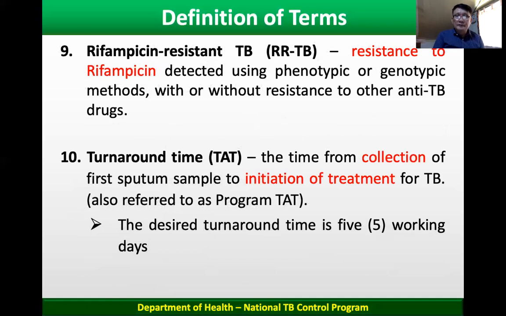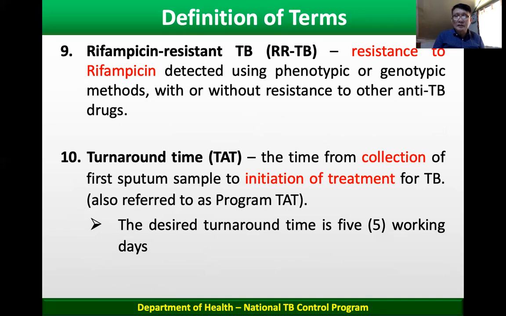Number 9, what is RR-TB? Rifampicin resistant TB. This is resistance to rifampicin detected using phenotypic or genotypic methods, such as GeneXpert, which can detect rifampicin resistance with or without resistance to other anti-TB drugs.